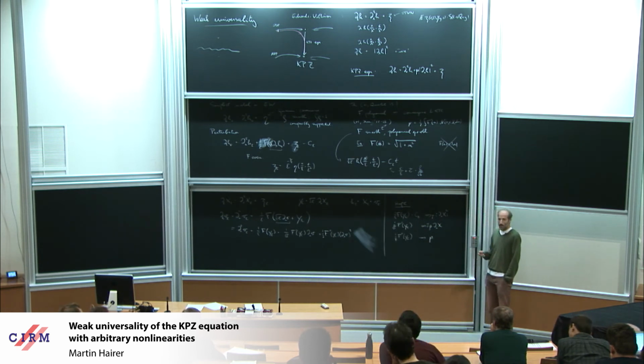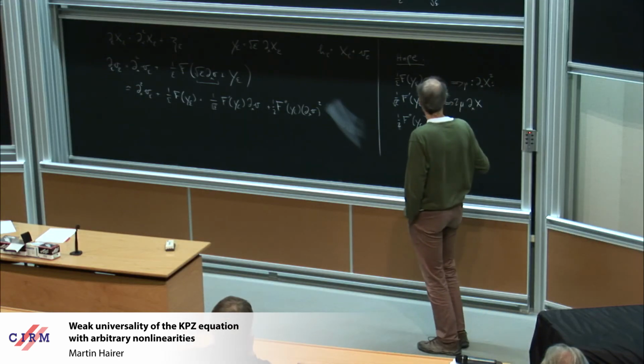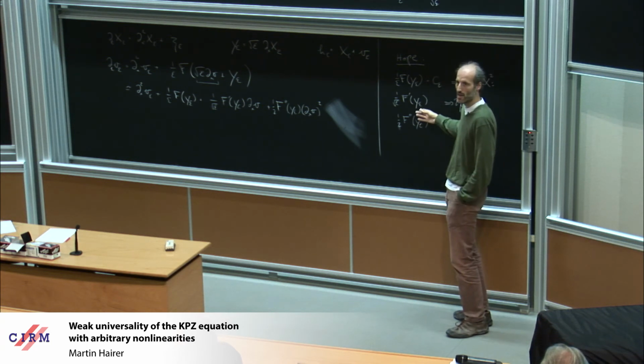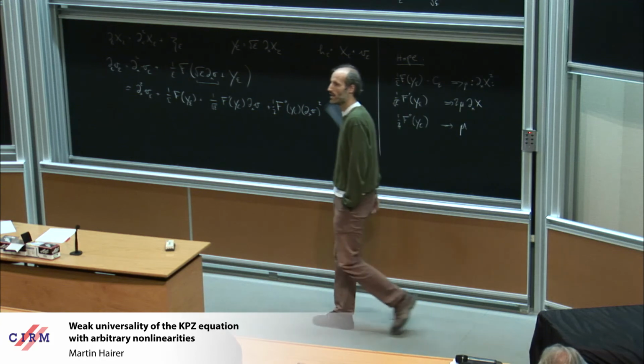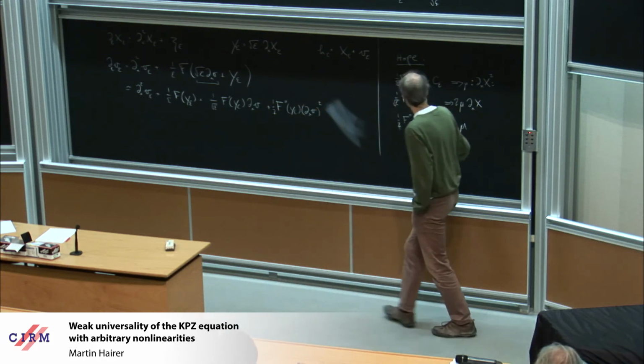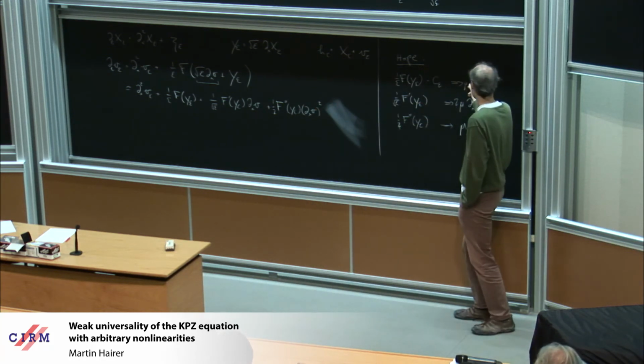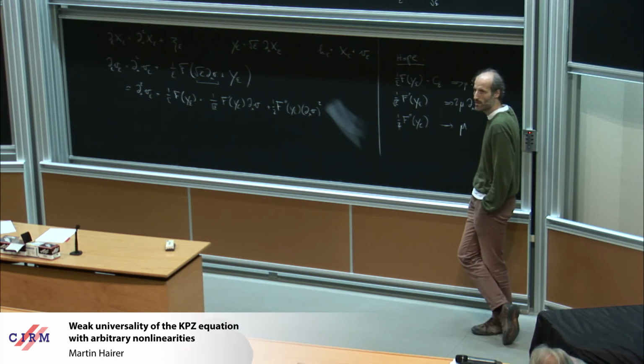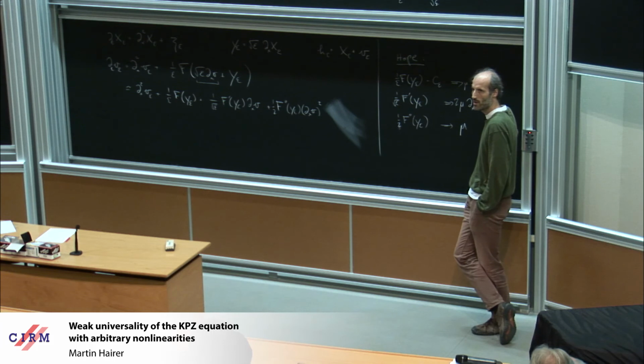And so now there are 2 difficulties here. The first one is that it's relatively easy to see that this is true, in the sense that if you look at the chaos expansion, this guy is a space-time distribution.